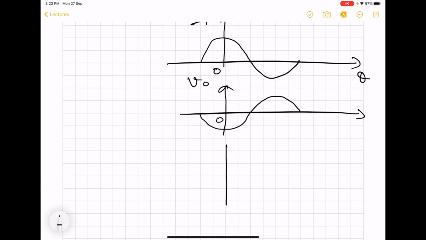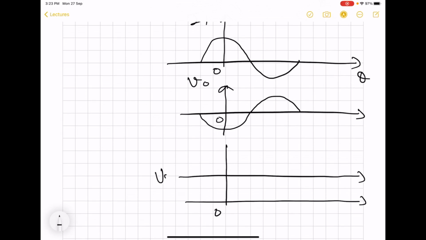This will then get added with VDD. So this is the net drain voltage that we will see. And this is the amplitude.